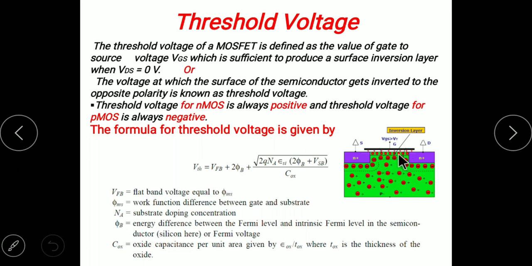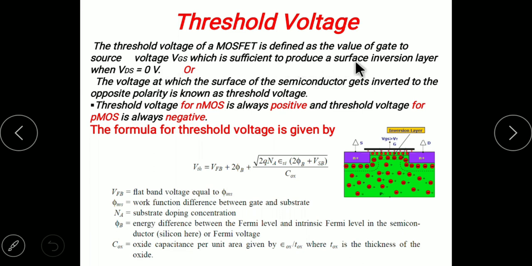This layer is called the inversion layer. Whatever gate voltage is required to form this layer is called the threshold voltage. So the threshold voltage of a MOSFET is defined as the value of gate to source voltage which is sufficient to produce a surface inversion layer when VDS is equal to 0.